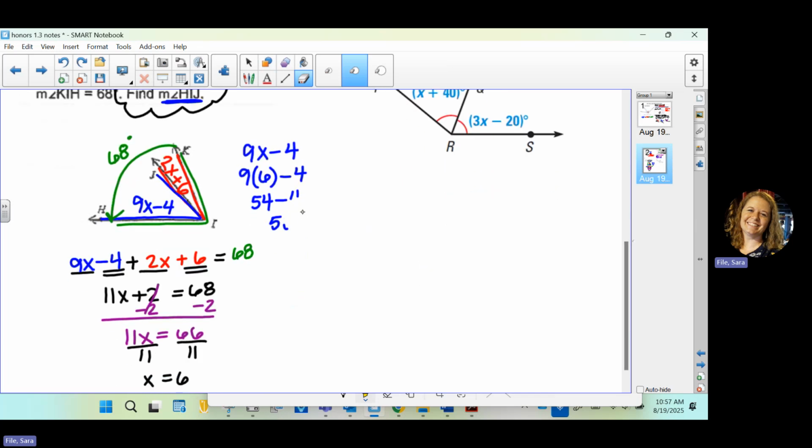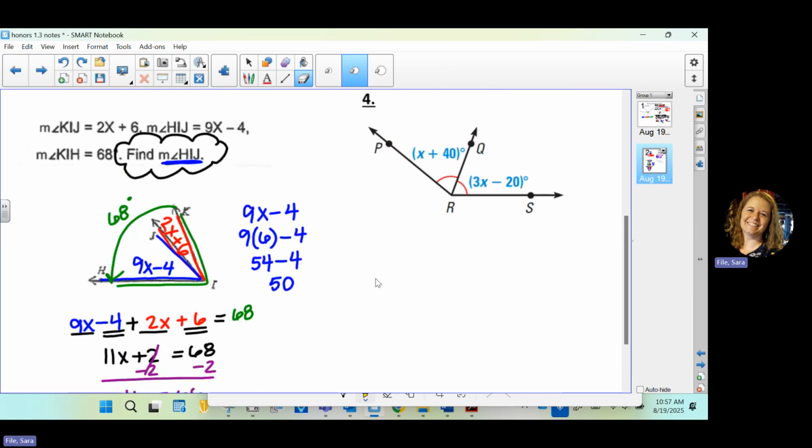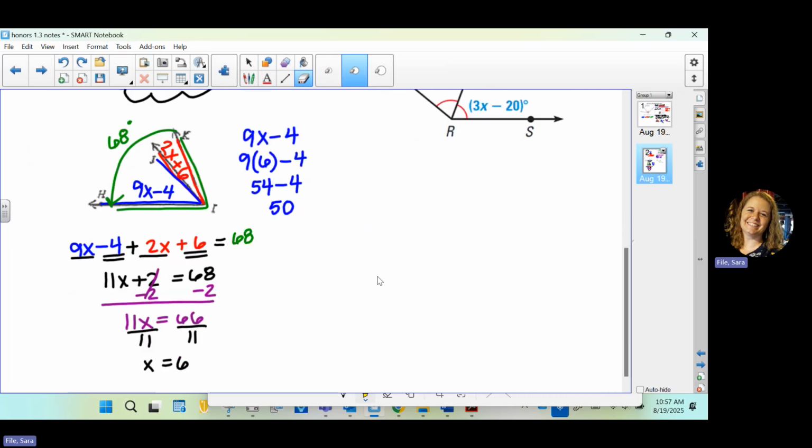So now I'm going to write out what they asked. I'm going to write the measure. Why do I have the eraser? I have a pen. The measure of angle, and actually I don't have to, I'll write it next to this 50 to save myself some room. The measure of angle HIJ is 50 degrees.